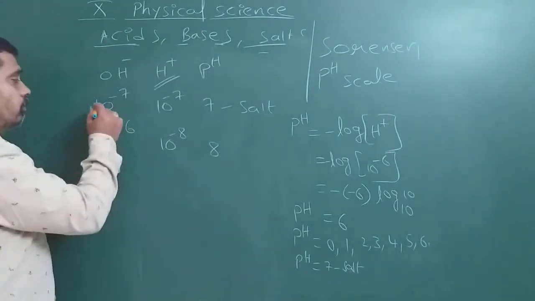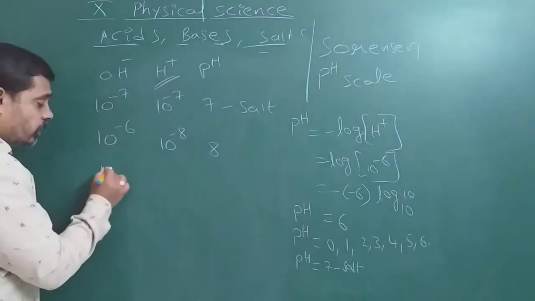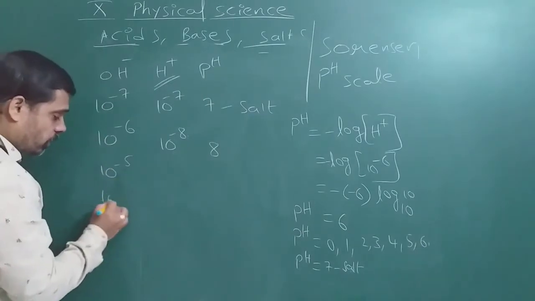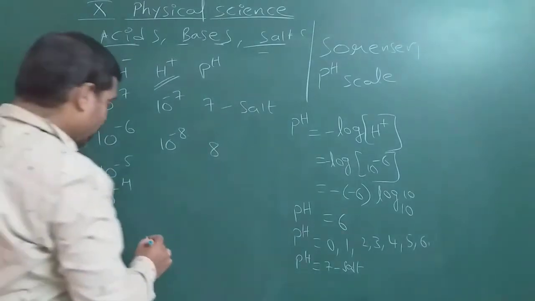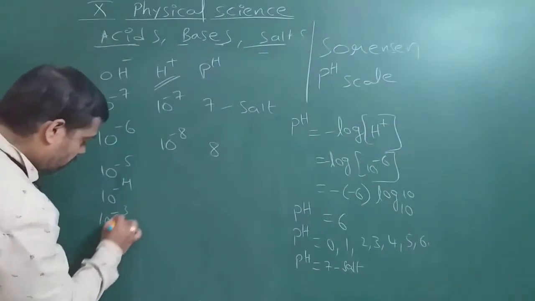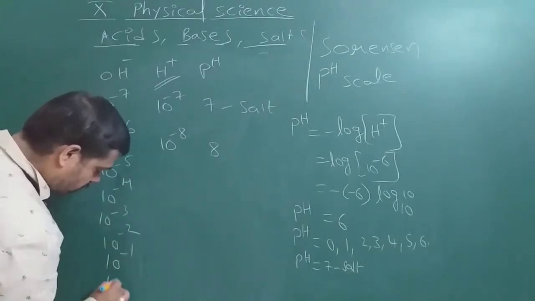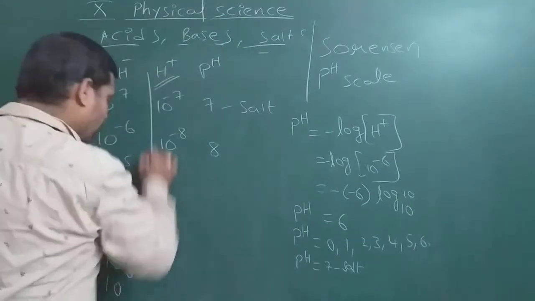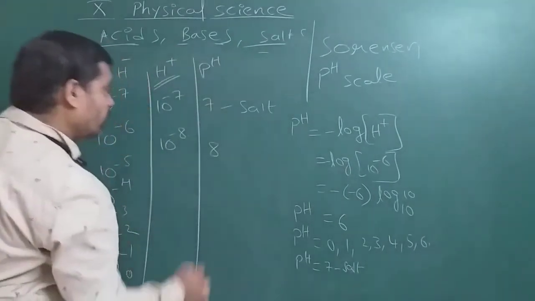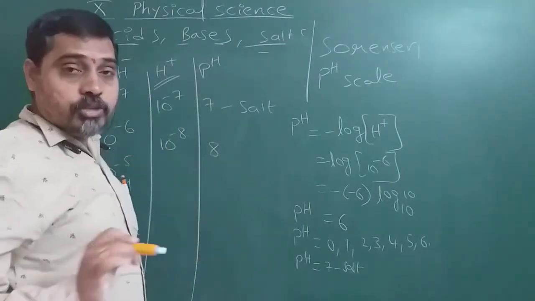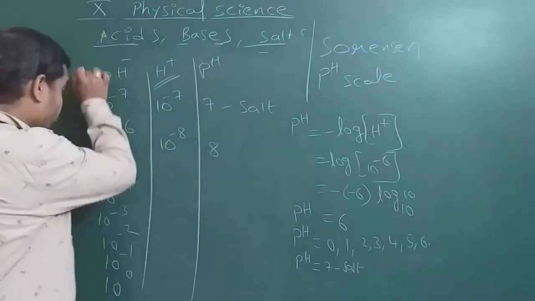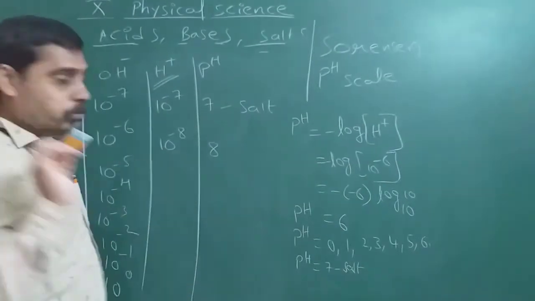That means OH minus ion increases: 10 power minus 5, 10 power minus 4, 10 power minus 3, 10 power minus 2, 10 power minus 1, 10 power 0. But pH gives only the values of H plus ion, not OH minus ion. You should remember that.